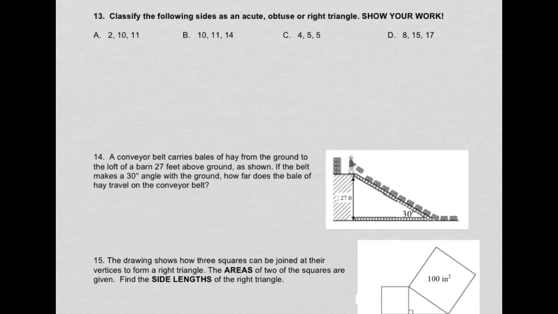Number 13 asks to classify the following sides as acute, obtuse, or right triangle, and to show your work. That's a big thing. I can't give you partial credit if you don't show me any work. All right. Well, first of all, what is our test to see if it's a triangle in the first place? Well, we'll have an A, we'll have a B, and our largest side is always going to be C, right?